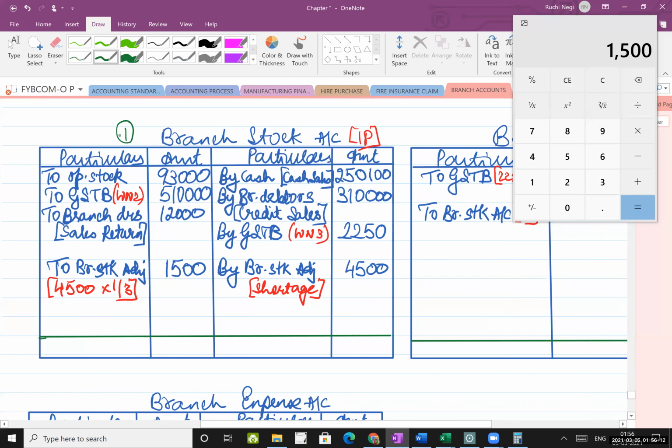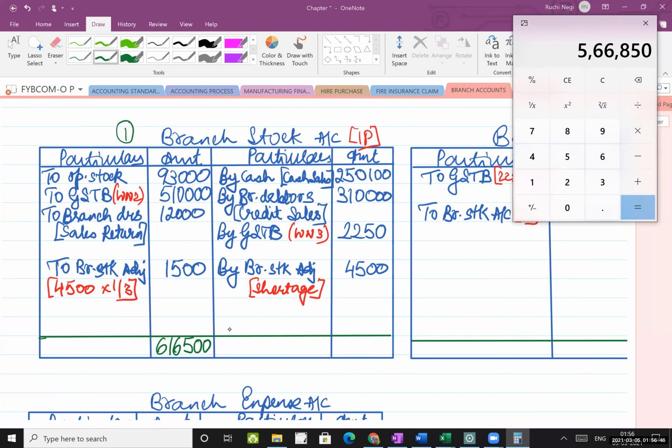See the debit side, 93,000 plus 5 lakh 10 plus 12,000 plus 1500 is how much? 6 lakh 16,500. Now the credit side, 2 lakh 50 plus 3 lakh 10 plus 2250 plus 4500.